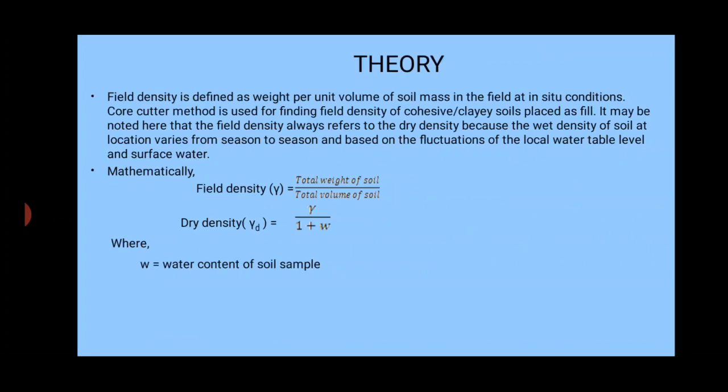Field density of natural soil is needed for the determination of bearing capacity of soils for the purpose of stability analysis of slopes, and it is also needed in estimating bearing capacity of soil foundation system, settlement of footing, earth pressure behind the retaining wall, and it is also a quality control test where compaction is required. For these purposes, we need to determine the field density or dry density value of the in situ soil.